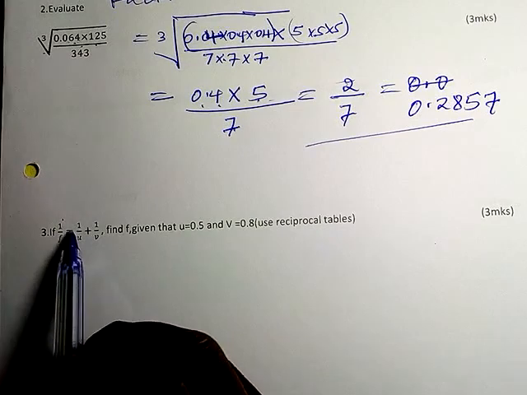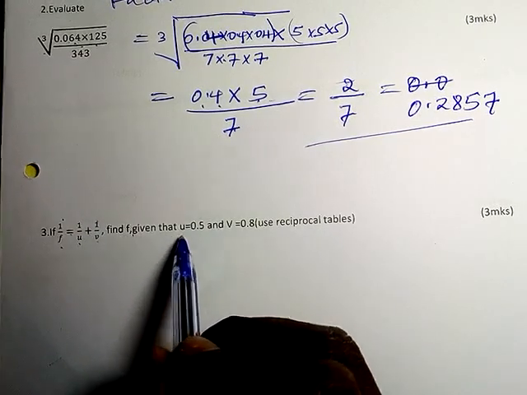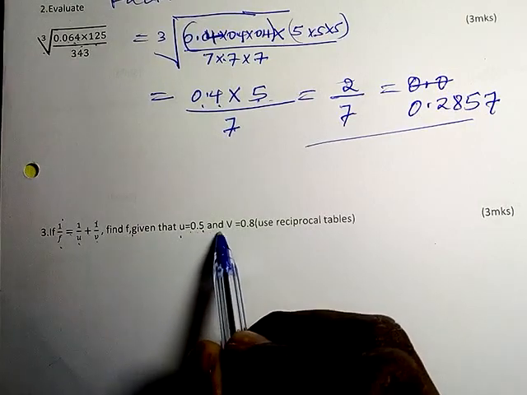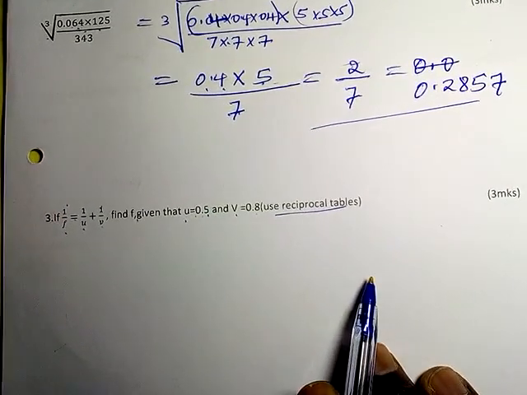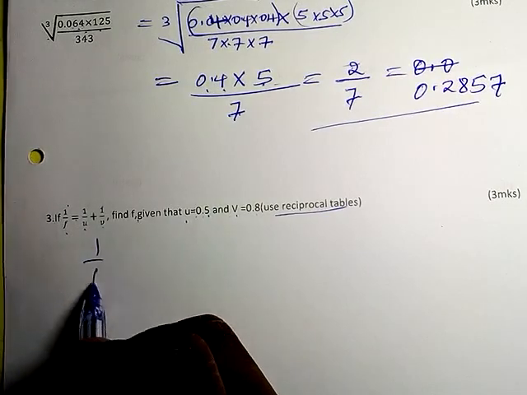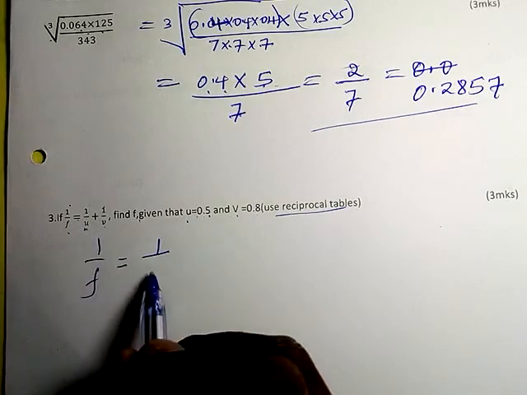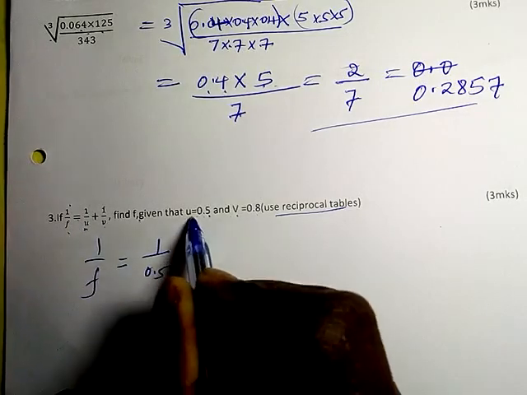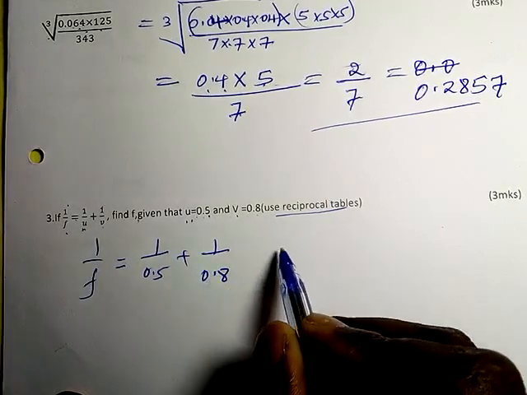If 1 over f equals 1 over u plus 1 over v, find f given that u is equal to 0.5 and v is 0.8. Use reciprocal tables. So 1 over f equal to 1 over u, and u is 0.5, plus 1 over 0.8.